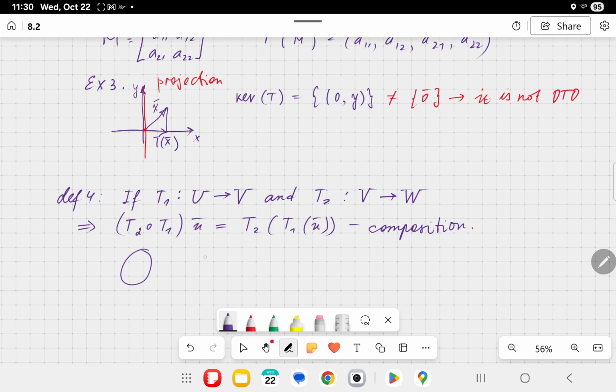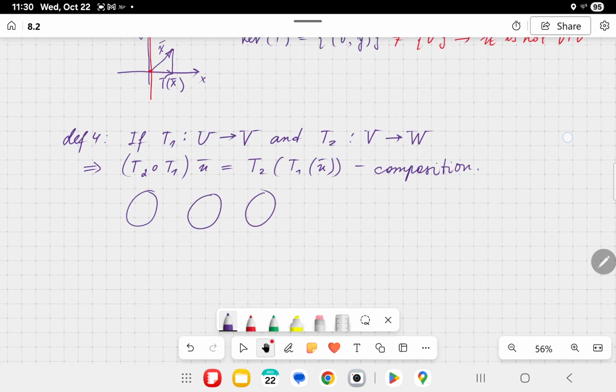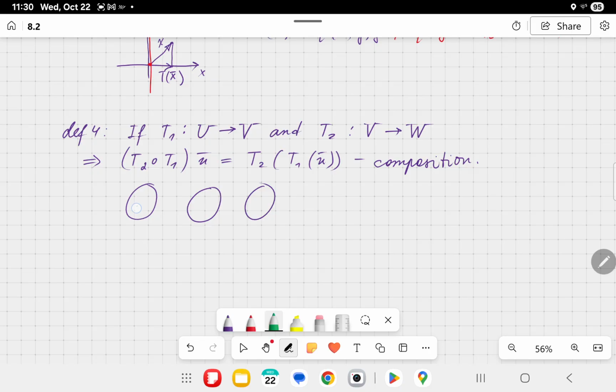I'm going to draw the picture, but generally speaking, we have already seen this picture many times. So that's space U, space V, and that's space W. My first transformation is T1, and my second transformation is T2. You start with a vector over here, little u, and you end up with a vector over here, w.